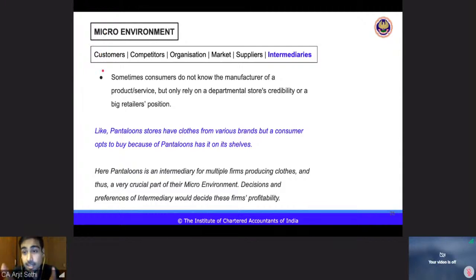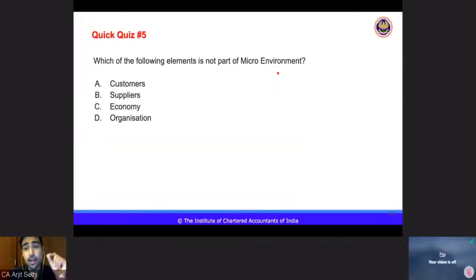It is in the very near shell of the business, right? It is very specific to that business. It is not common to all businesses. It is very closely knit. It is in the micro environment of that business. That is the intermediary, right? Okay.